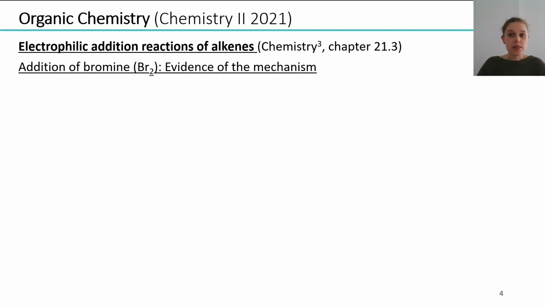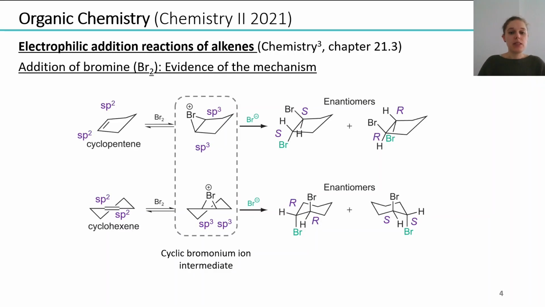A strong evidence for the formation of a bromonium ion and the overall anti-addition of bromine to a carbon-carbon double bond is provided by the reaction of cyclic alkenes with bromine to produce cyclic 1,2-dibromides. This is due to the fact that in these compounds the rotation around the carbon-carbon bond where the bromines are now attached is not possible. That means the relative positions of the two bromine atoms in the products are fixed.